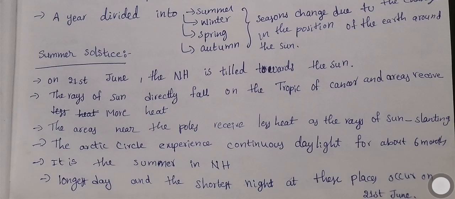The Arctic Circle experiences continuous daylight for about 6 months, especially the North Pole. And then we have the longest day and shortest night at these places on 21st June. In the northern hemisphere, especially near the poles, we have the longest day and the shortest night.